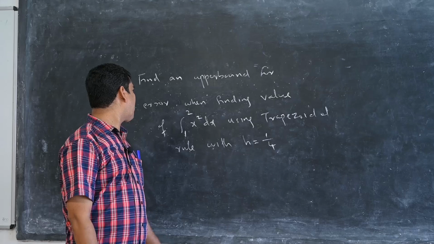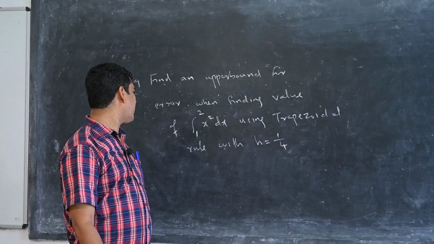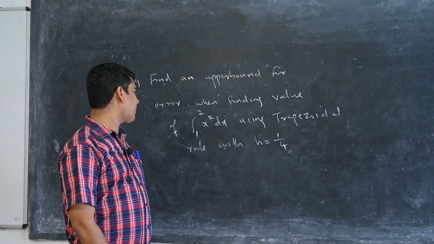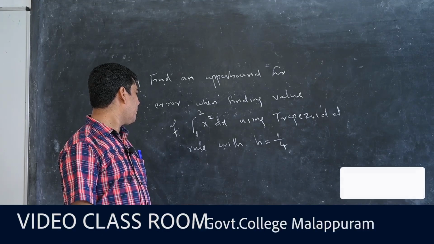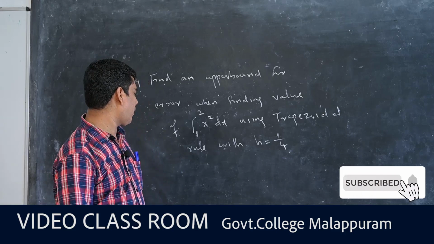So we have to find an upper bound for error when we find value of integral 1 to 2 x square dx using trapezoidal rule with subinterval length h is equal to 1 by 4.